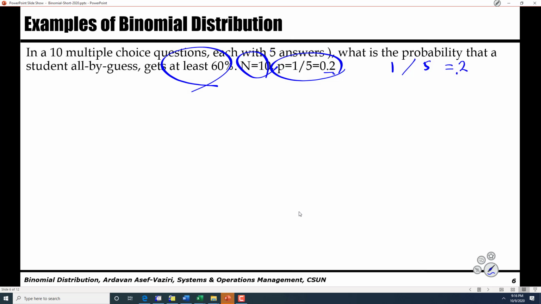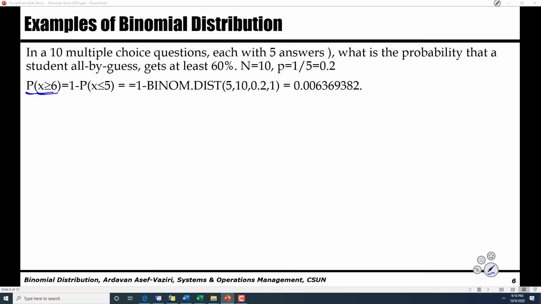Here, 60% correct. We want to find the probability of x being greater than or equal to 6 because there are 10 questions. Probability of x greater than or equal to 6 is 1 minus probability of x less than or equal to 5. This is because binomial distribution is discrete.